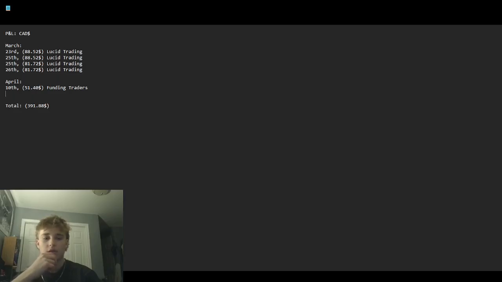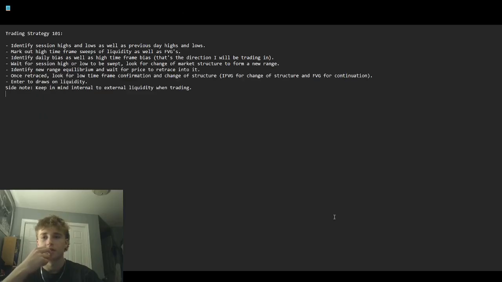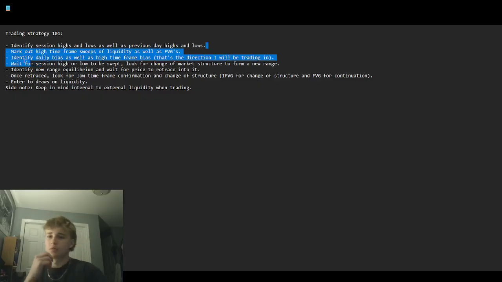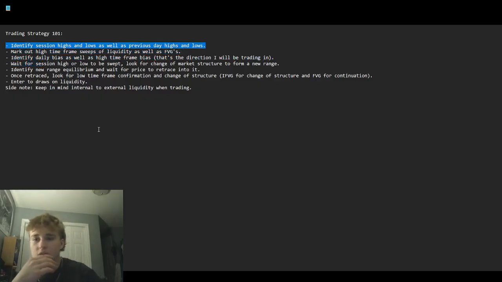So I'm going to go over my strategy now. What I've been doing strategy-wise is, first, identify session highs and lows as well as previous day highs and lows. Those are the ranges I'm going to be looking at. Next is marking out high time frame sweeps of liquidity, as well as fair value gaps. I'll look for those a lot, especially fair value gaps.